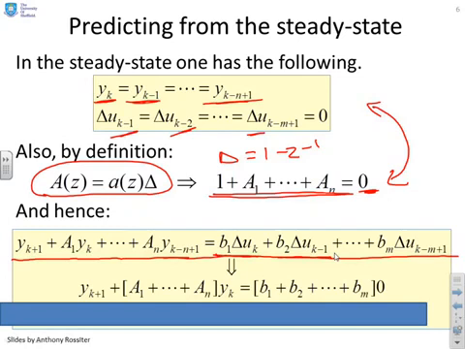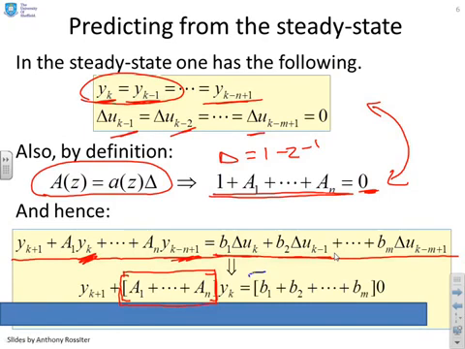And now what I'm going to do is separate this out. If you look in this equation below, I've essentially said we've got that y(k) equals y(k-1) and so on. So this term is the same as this term and so on, and therefore I can group all the a parameters together and just assume they're multiplying y(k).